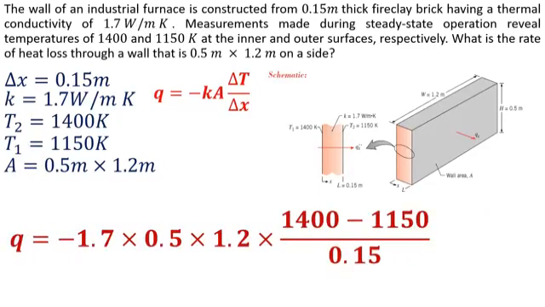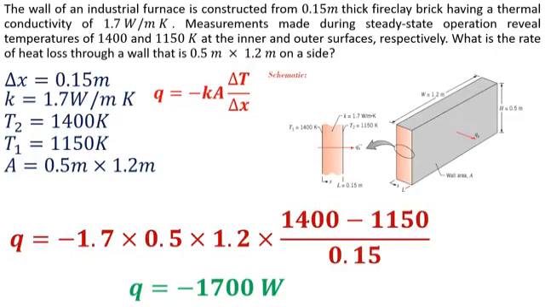After substituting the values of K, A, delta T and delta X in the equation of Fourier's law, we found that heat transfer will occur from higher temperature to lower temperature, and heat transfer comes out to be minus 1700 watt.